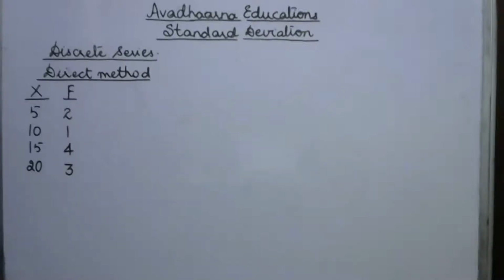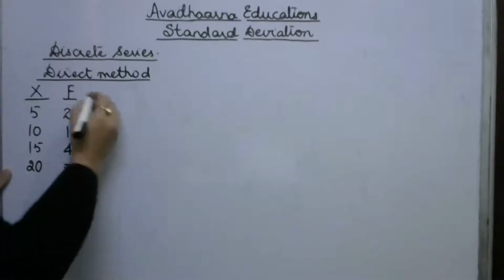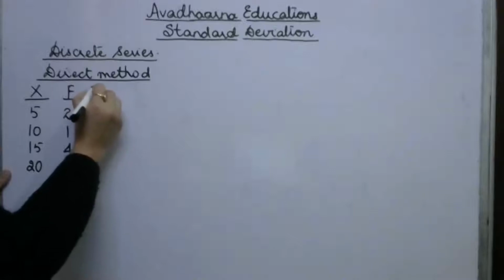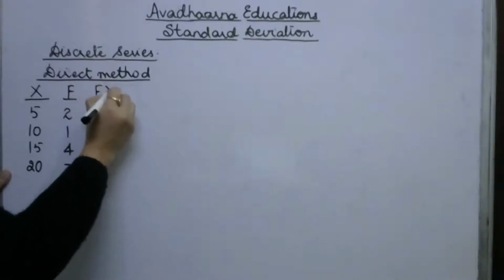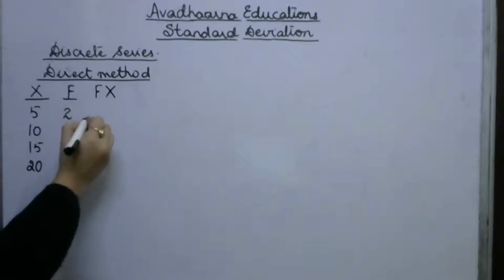So here is the discrete series. Let's find out the standard deviation. First step is to calculate the actual mean, and for calculating the actual mean, let's first multiply the frequencies with x.